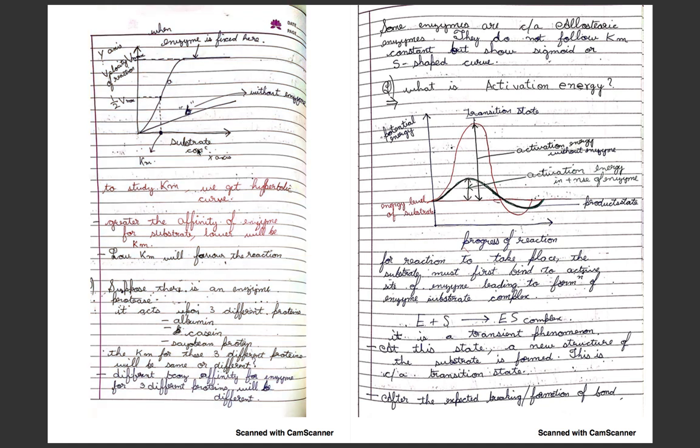See, this graph is a very important graph. Here in the graph, A is with the enzyme, and B is without the enzyme.